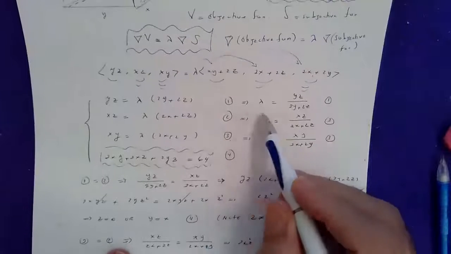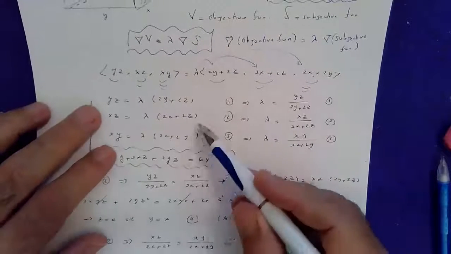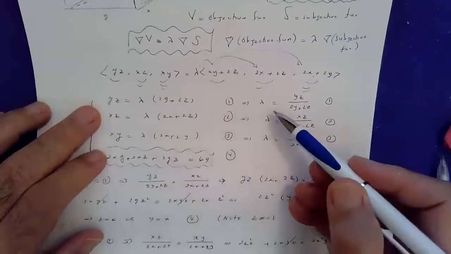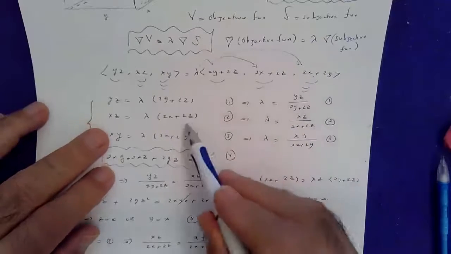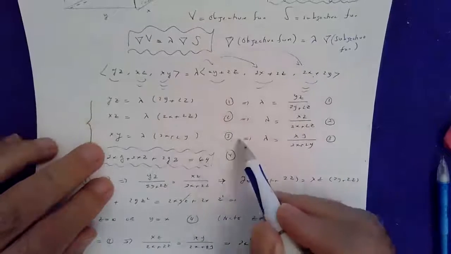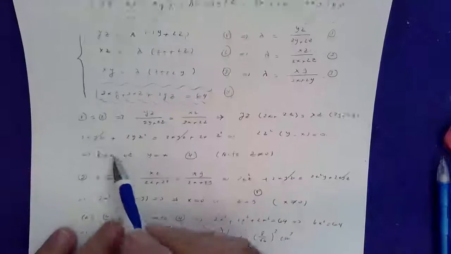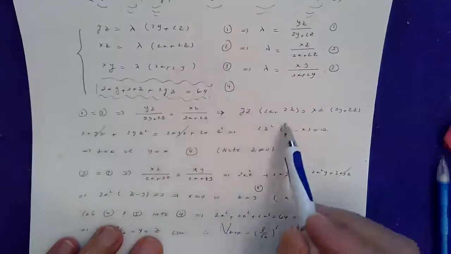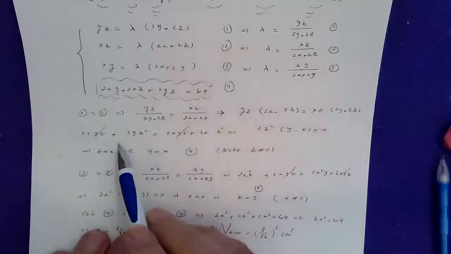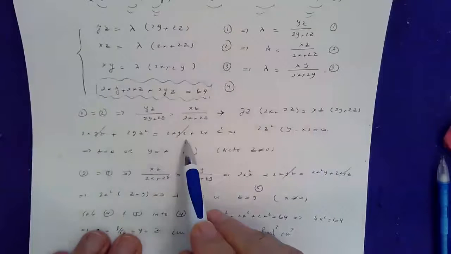Then again, from equation number 1, there are many ways to solve these. Here is a way to solve it. Solve this for lambda, solve this for lambda, solve number 3 for lambda, set 1 and 2 equal to each other to get rid of the lambdas, and that in turn gives you this equation.